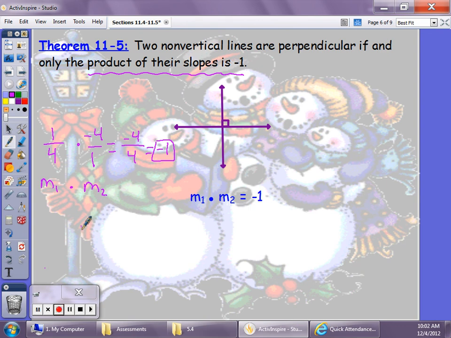If you look at a second example, let's say that we have a slope of -2/5 and a slope of 5/2. If we multiply -2/5 times 5/2, we get -10 over 10, which reduces to -1. So we can say that a slope of -2/5 and a slope of 5/2 are slopes of two perpendicular lines.